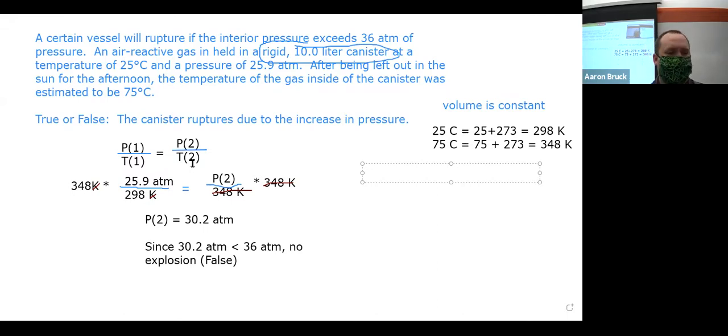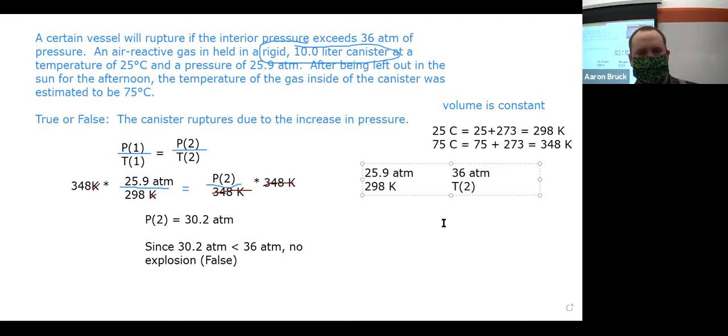And I could do that. The process is pretty similar.